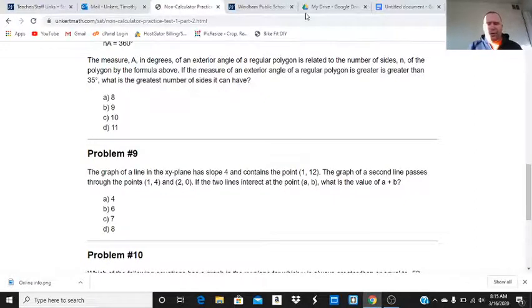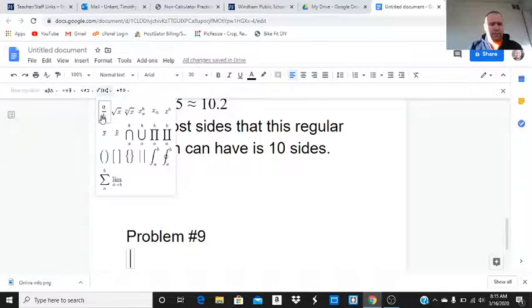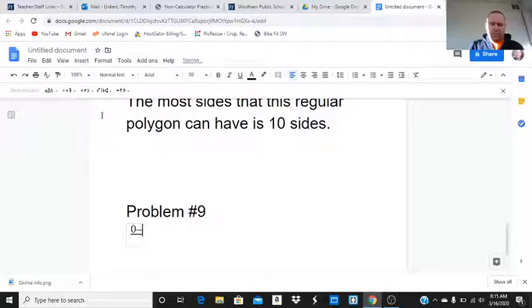So our slope is going to be 0 minus 4 over 1.